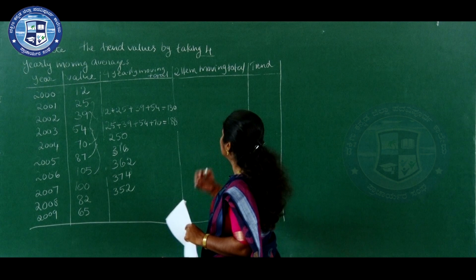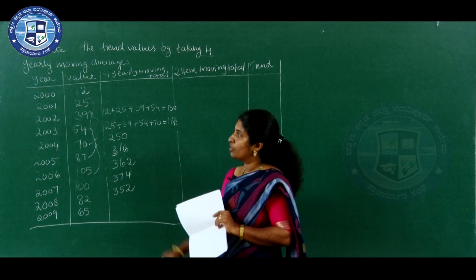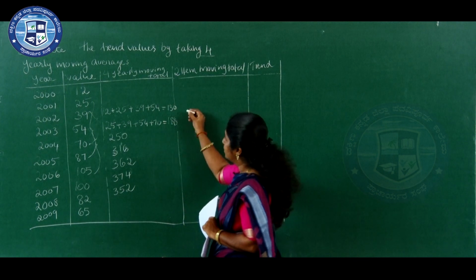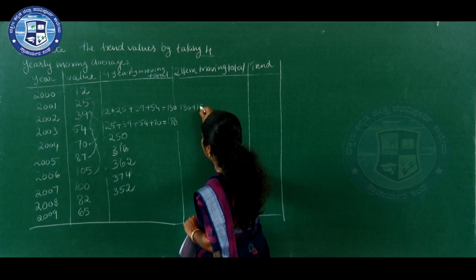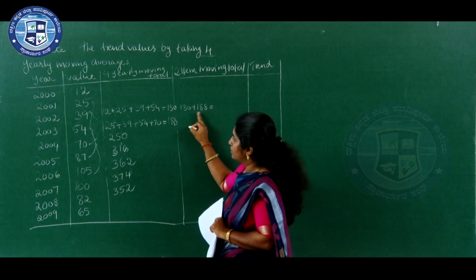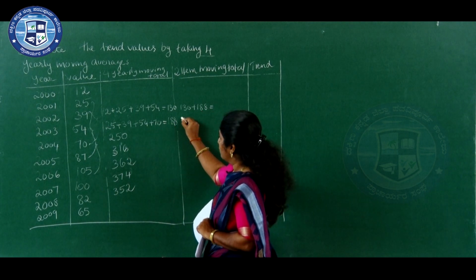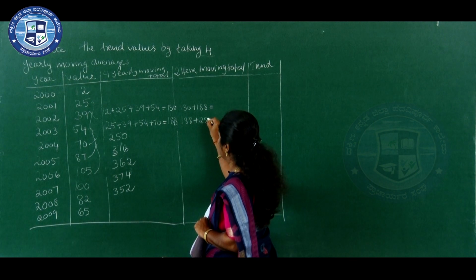So next you have to find the 2-item moving total for this 4-yearly moving total. That is 130 plus 188. Next one is 188 plus 250.